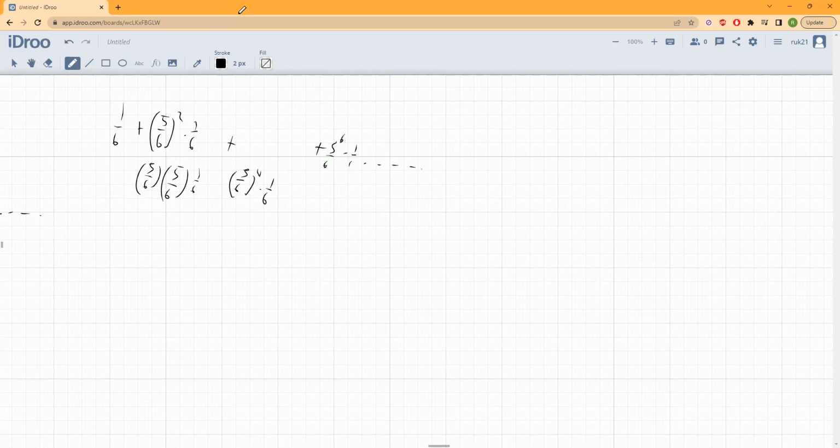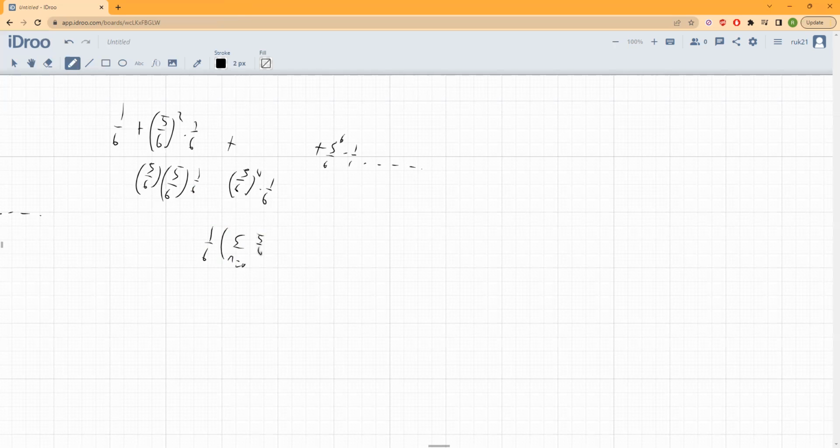So hopefully then we can see our geometric series. If we factor out 1/6, what we're going to be left with is the sum, with n equals 0 because we have a 1 plus something. So to get that first term to be 1, you need n to be equal to 0.